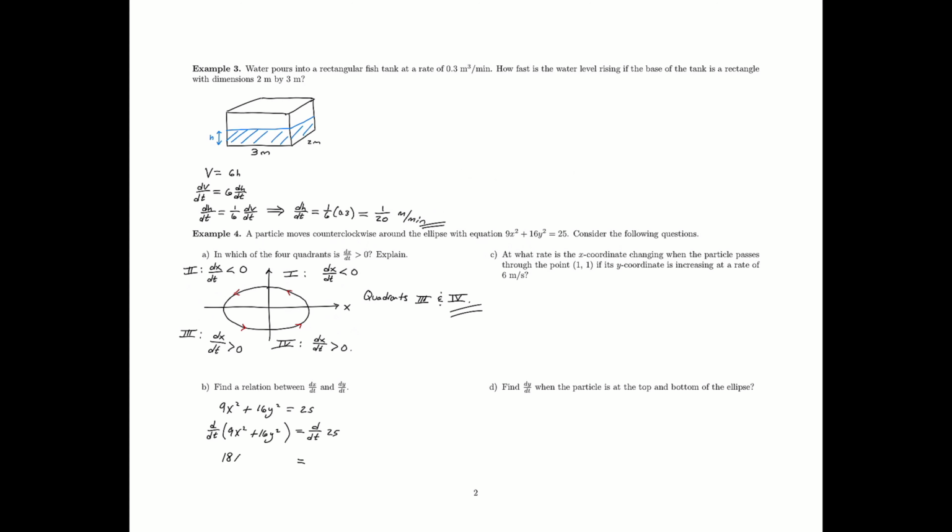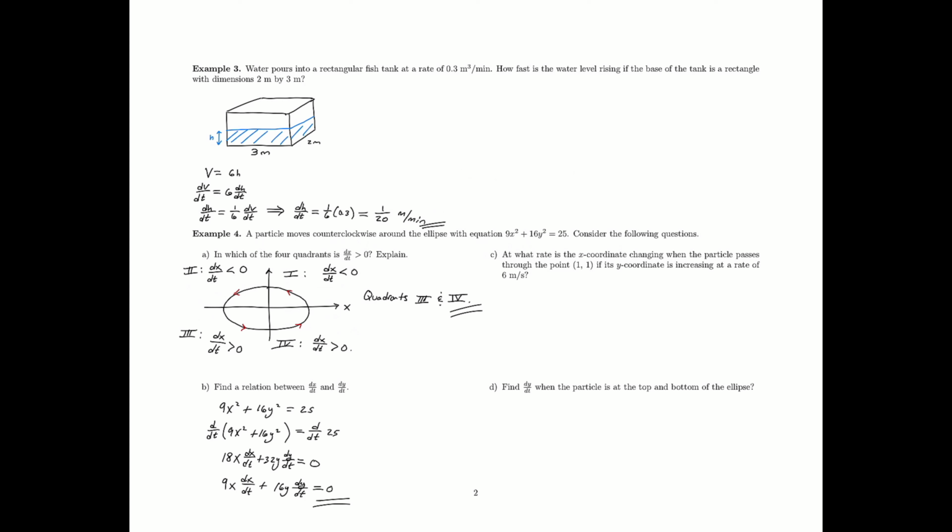This will be 18x dx dt plus 32y dy dt equals, derivative of a constant is of course 0. Now we can simplify this a little bit more. We can divide everything by 2: 9x dx dt plus 16y dy dt equals 0. Okay, there's a relationship.